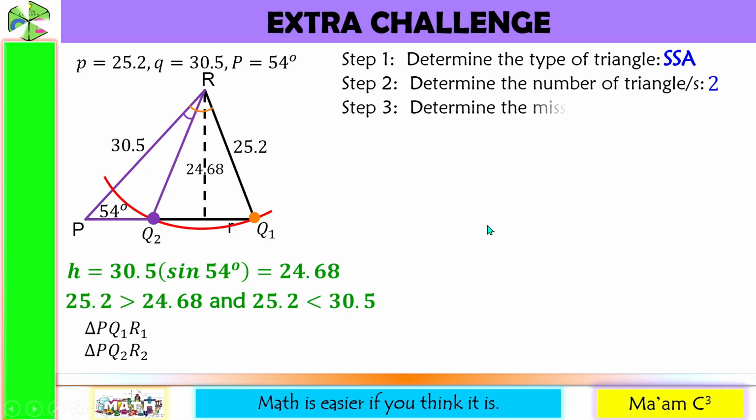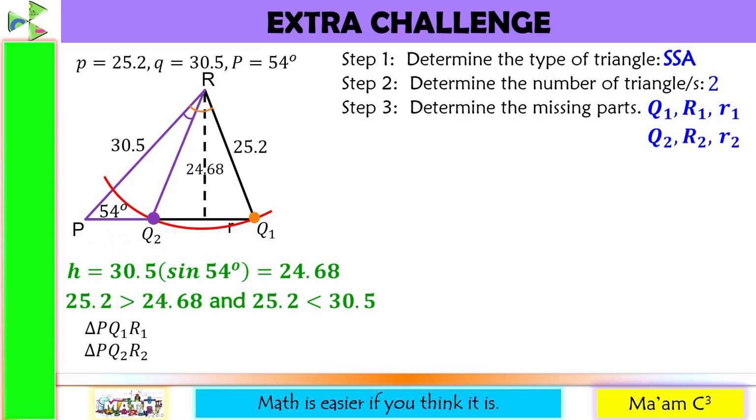Step 3, let us determine the missing parts. For triangle 1, the missing parts are angle Q1, angle R1, and side r1. For triangle 2, the missing parts are angle Q2, angle R2, and side r2.